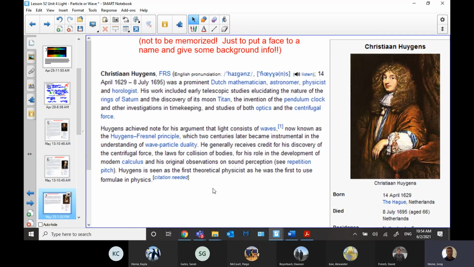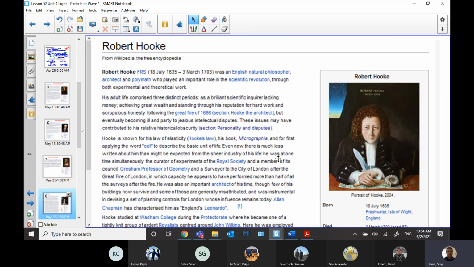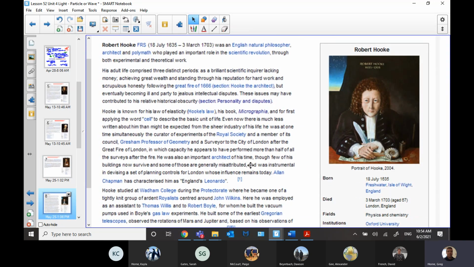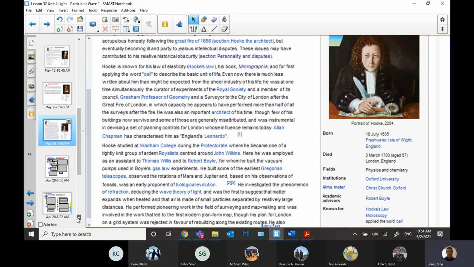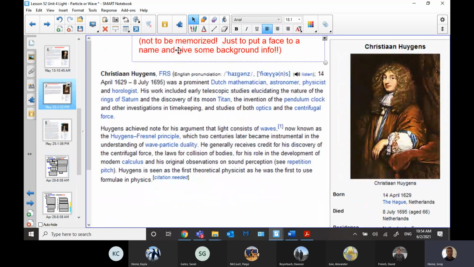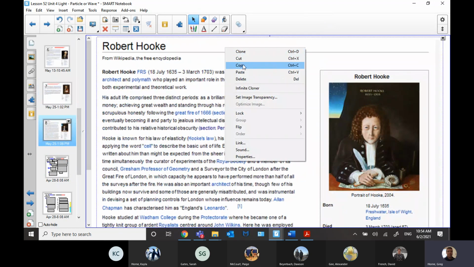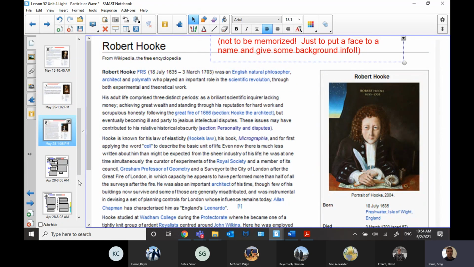There's Huygens, Dutch mathematician, astronomer, physicist, and there's Robert Hooke. If you're curious about the human nature of the history of this, those are there just for interest. Not every single page says not for memorization. Don't worry, you don't have to memorize this stuff. I'm not going to quiz you on it. It was just for interest. There, it says it on every page now.